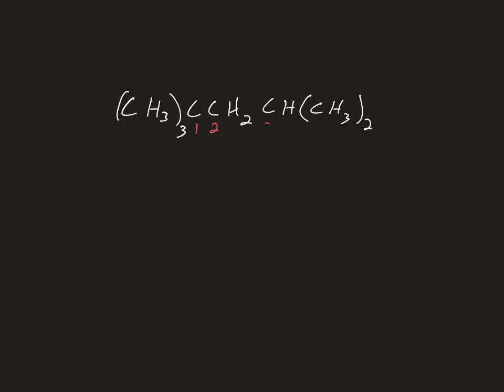This doesn't have to do with the name, but 1, 2, and 3. So carbon 1 right here is bonded to what? It's bonded to carbon 2. So this is carbon 1, carbon 2, which is bonded to 2 H's. And carbon 3 is bonded to 1 H.